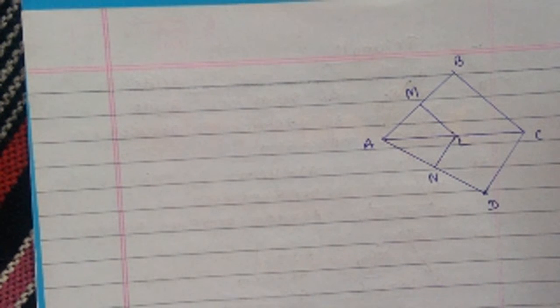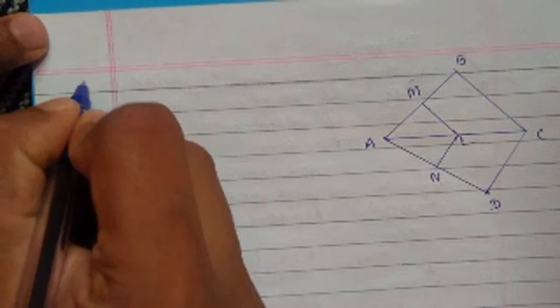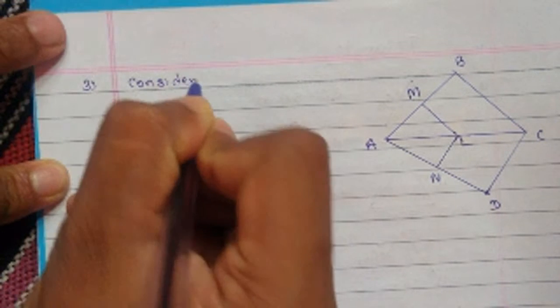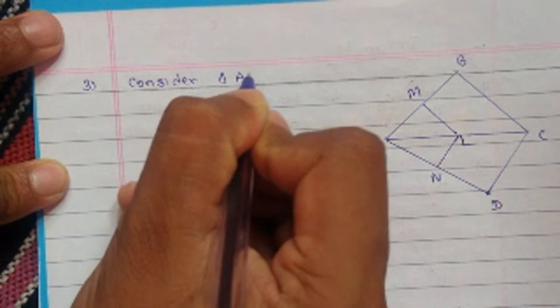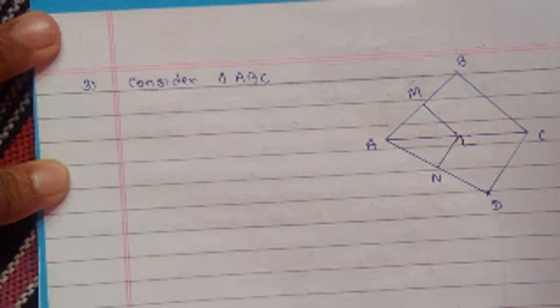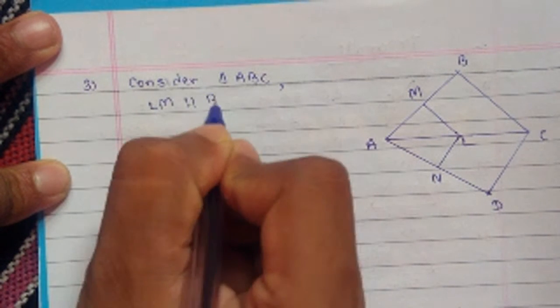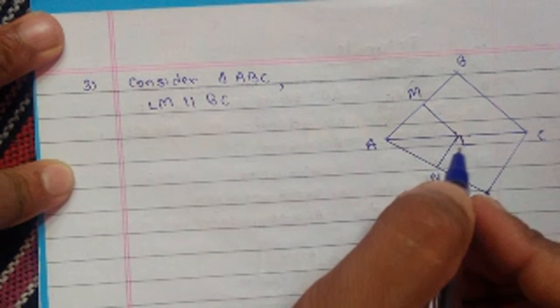That is called the corollary of Thales' theorem. Now we have to prove the theorem. So we will consider triangle ABC. In ABC, LM is parallel to BC.